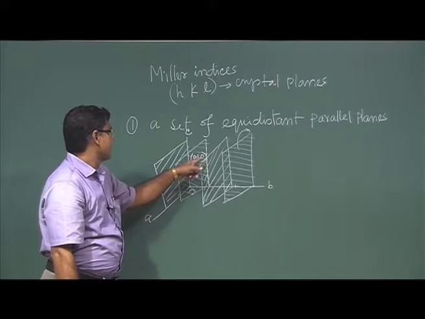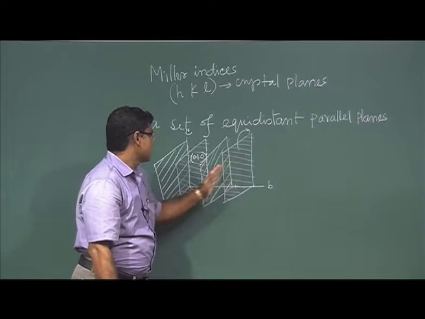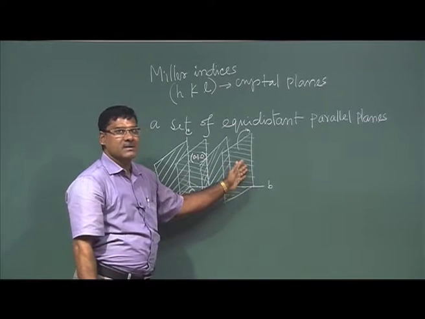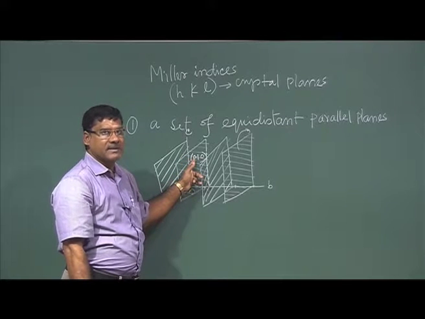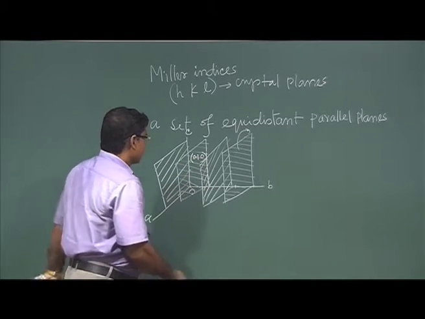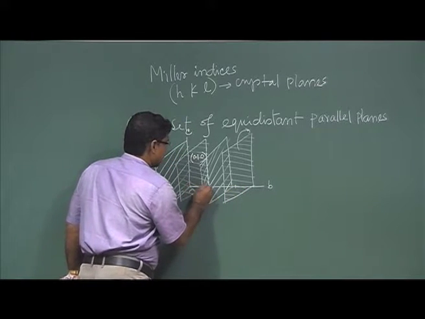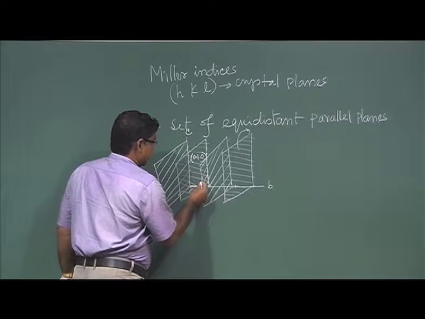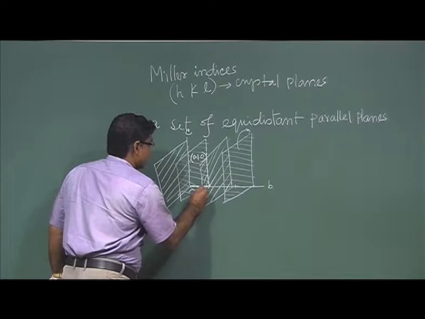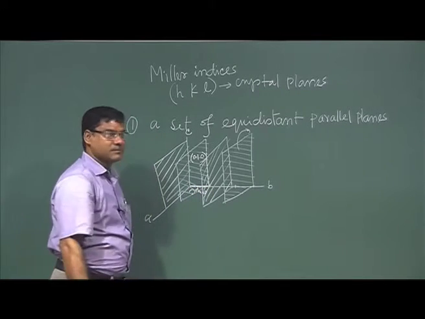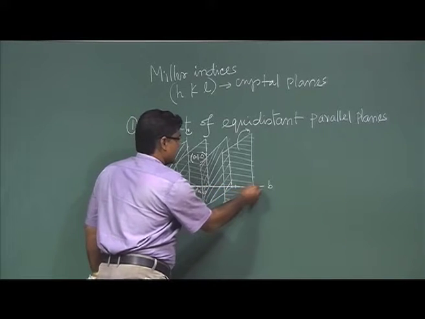So the HKL value is 0 1 0, and all these equidistant parallel planes will be represented by this Miller indices 0 1 0. Now, that equidistance, this is the distance DHKL, so they are equidistant.